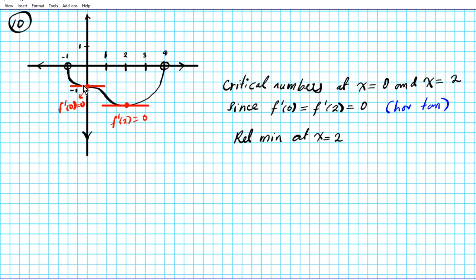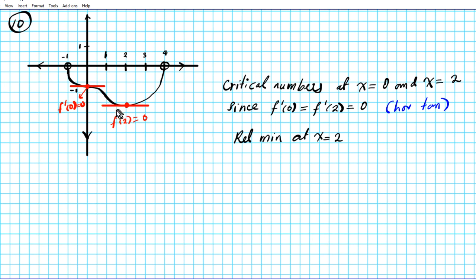So this one was acting sort of like a minimum, but it wasn't a minimum because the function decreased to that point. It looks like it was going to turn and go up, which would make it a minimum, but it just continued going down after attaining a horizontal point of tangency. So you have to be really careful when you're looking for extrema to note that not all critical numbers are absolute or relative extrema.